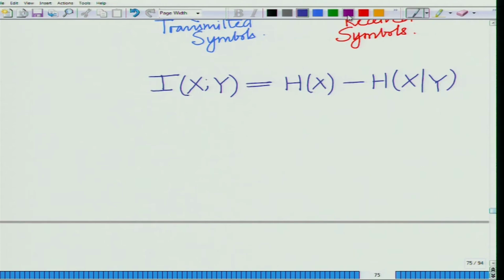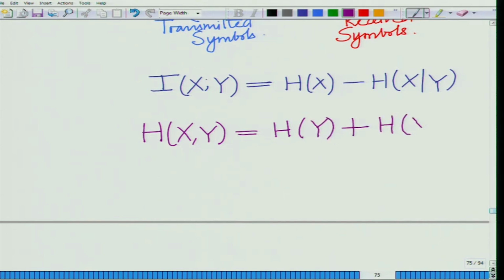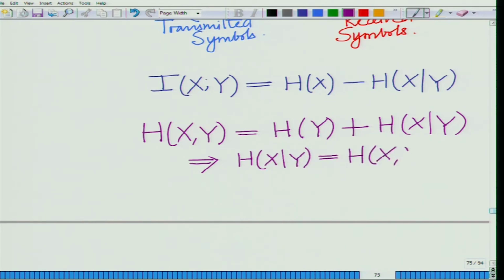Now look at this, we know from our joint entropy that H(x,y) equals H(y) plus H(x given y), which implies that H(x given y) equals the joint entropy H(x,y) minus the entropy H(y).